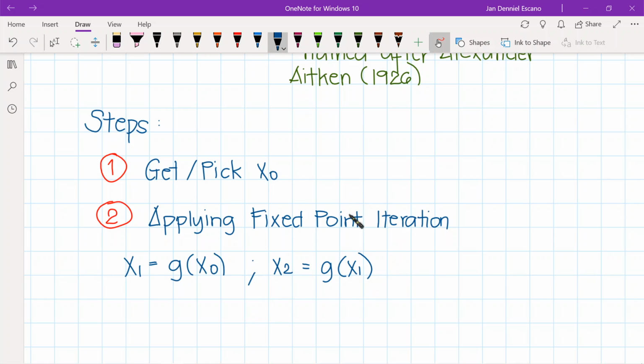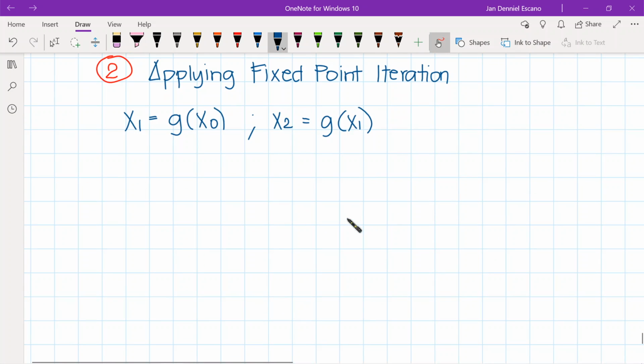If you'll recall on our past discussion of fixed point iteration, we get the values of x sub 1 and x sub 2, or x sub n plus 1, by just substituting the past values of x.